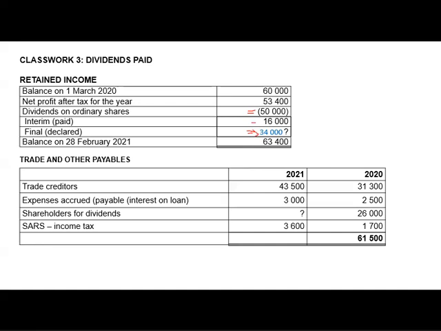Now that enables you to calculate your dividends paid, which you could also have done using this year's interim and last year's final. So you will take last year's final of 26,000 and put it in brackets because that has to be paid.